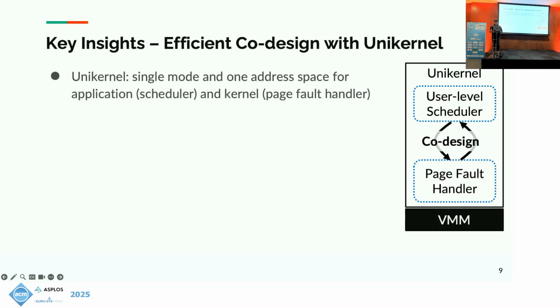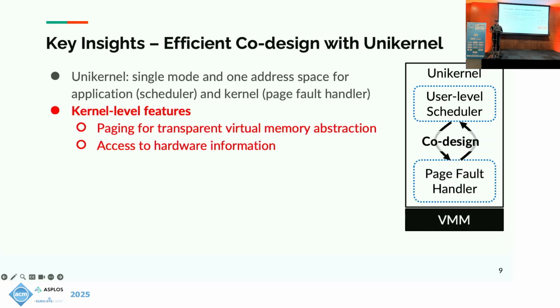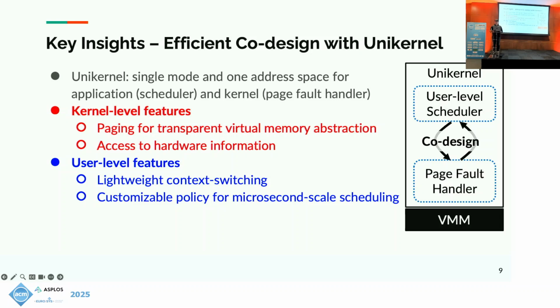Also, using Unikernel, we can build a system that can use both kernel-level features and user-level features at the same time. For example, paging and access to hardware information are kernel-level features, and lightweight context switching and customized policy for scheduling are user-level features.